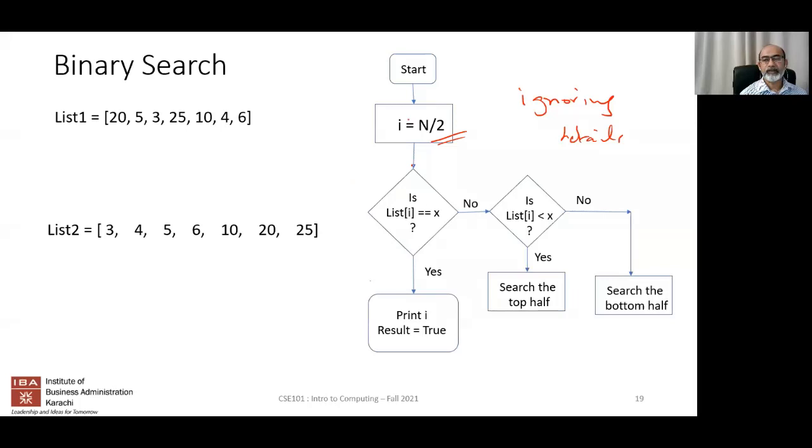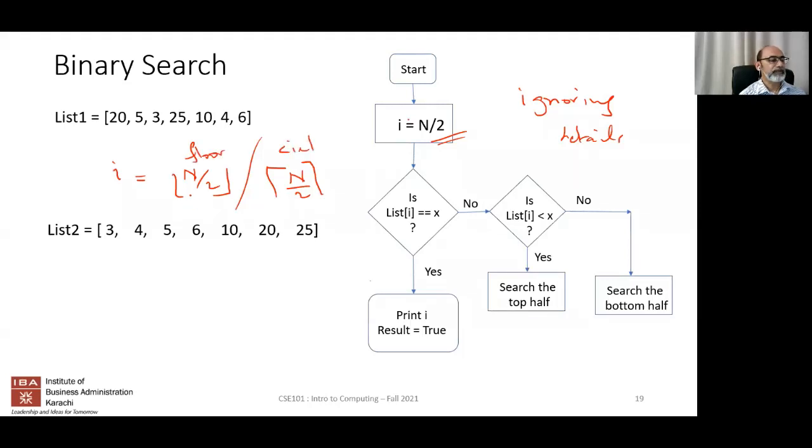I is approximately equal to n upon 2. In fact, because n could be an odd number, in practice you would take I equal to n upon 2 and either take the floor of that number or the ceiling of that number.